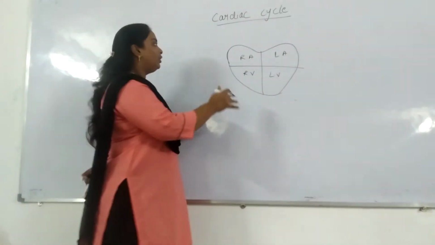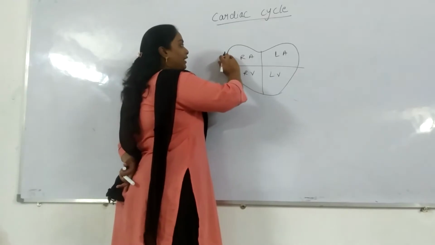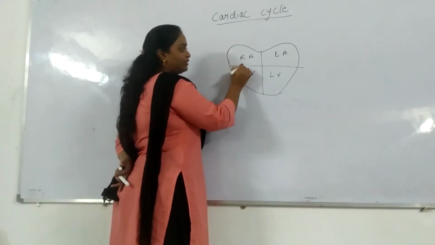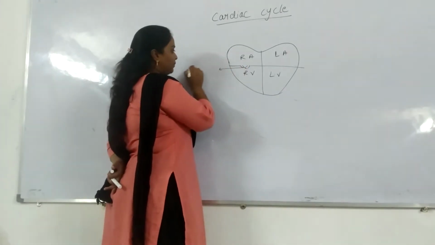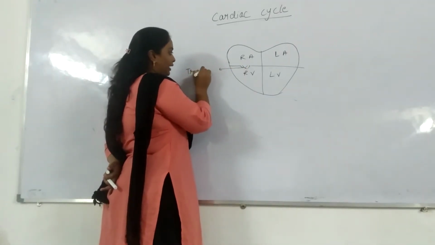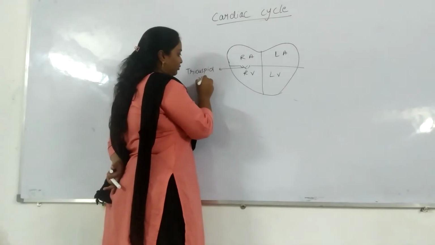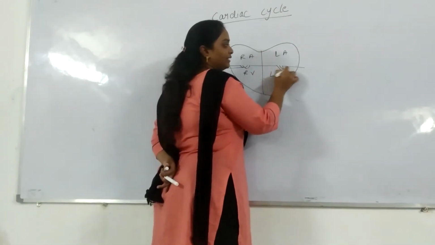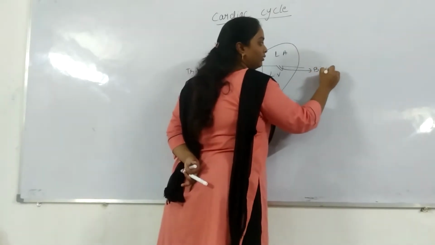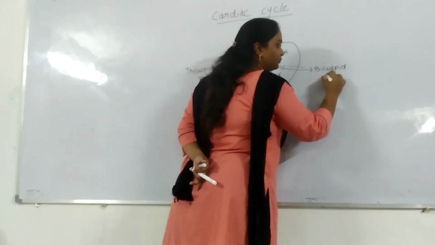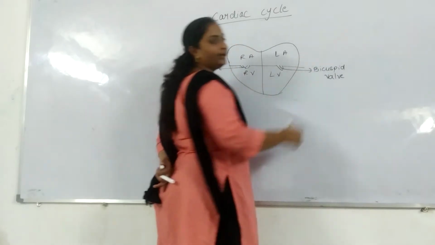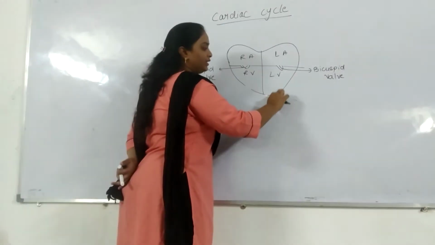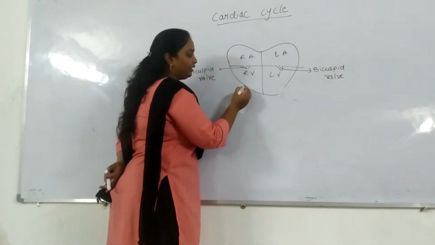Initially, when they are in the diastole state, the tricuspid valve is present here, and this will be the bicuspid valve. There will also be other valves, the semilunar valves, which are present at the opening of the right and left ventricle.